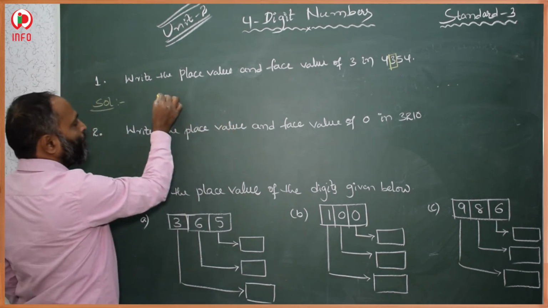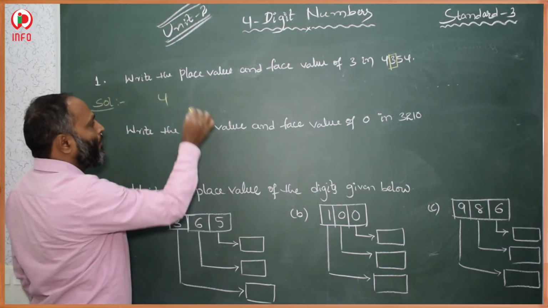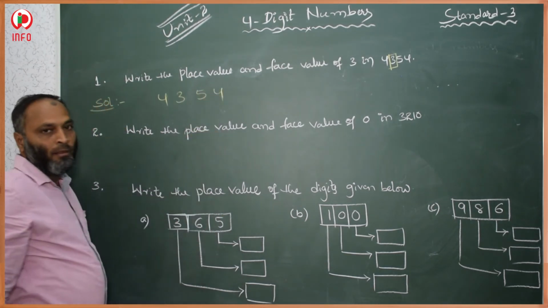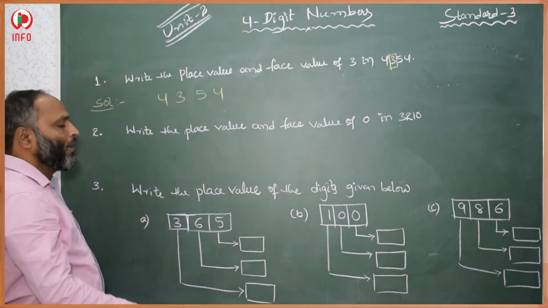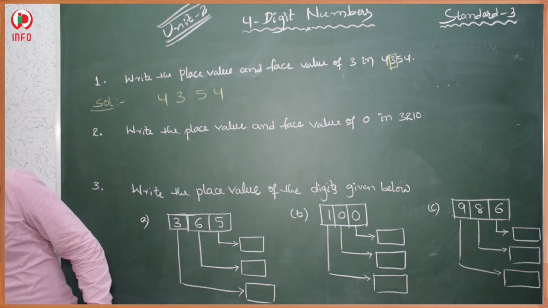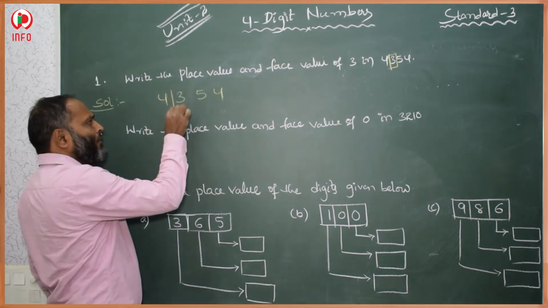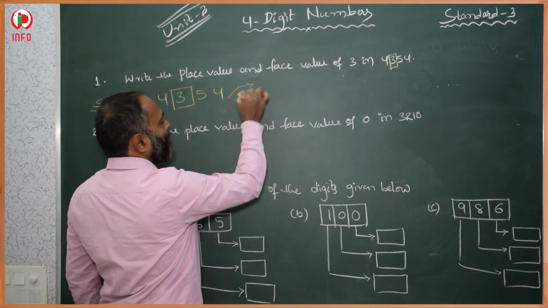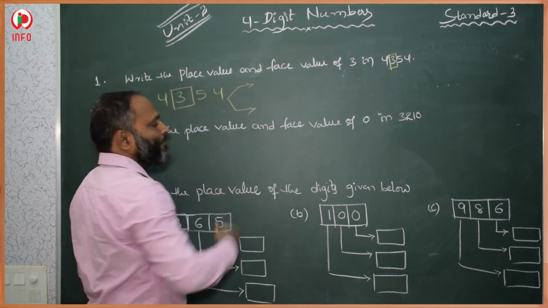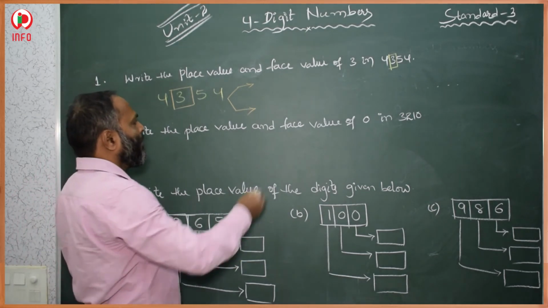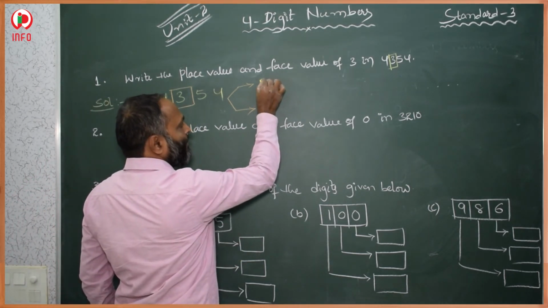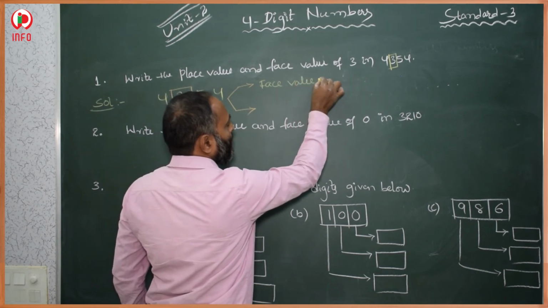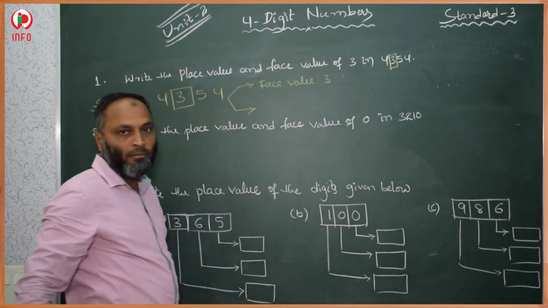Take that number, 4354. In this number, here we have 3. Here, the face value of 3 is 3 only.